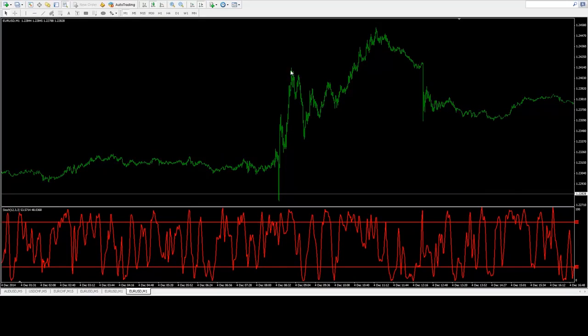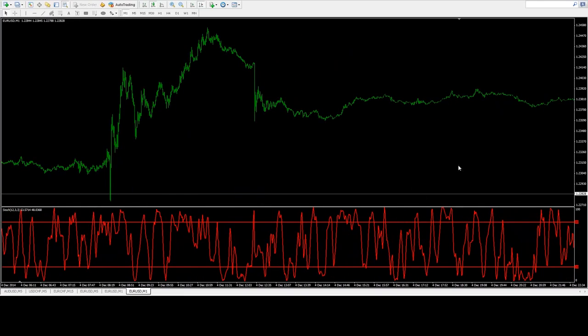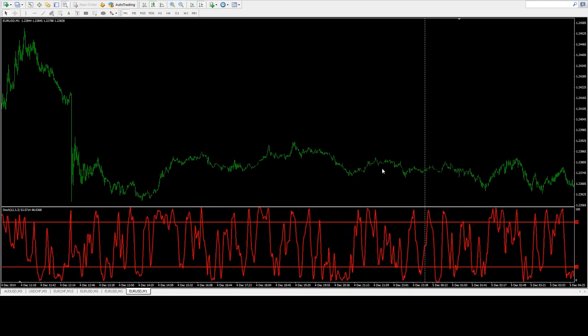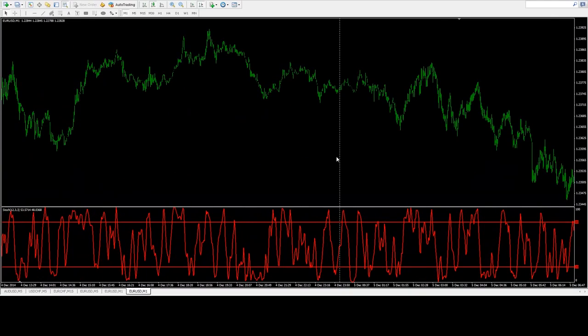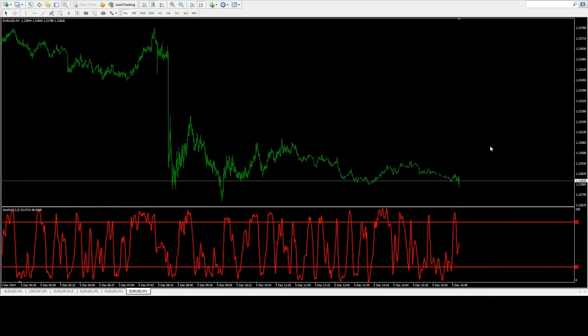If you're getting a break above the upper trend line, resistance line, and at the same time you're getting stochastic above level 80, this is additional confirmation for the trade down. And if you're getting a break below the lower support trend line and stochastic below level 20, this is additional confirmation to make a trade up.